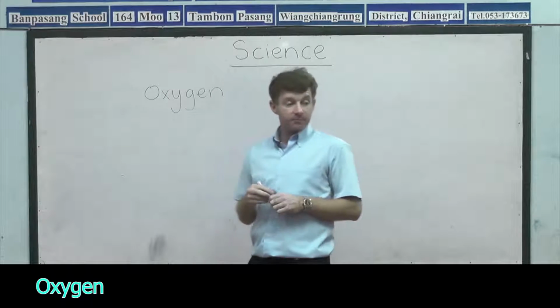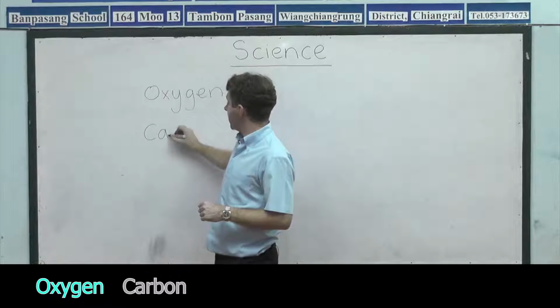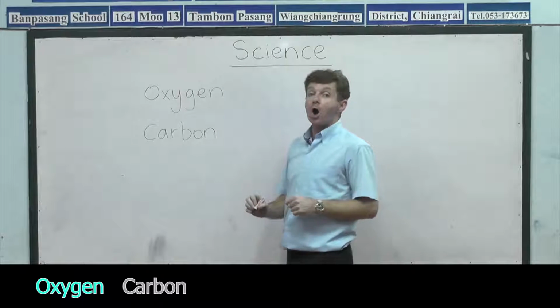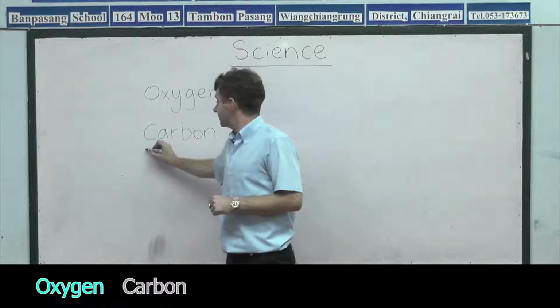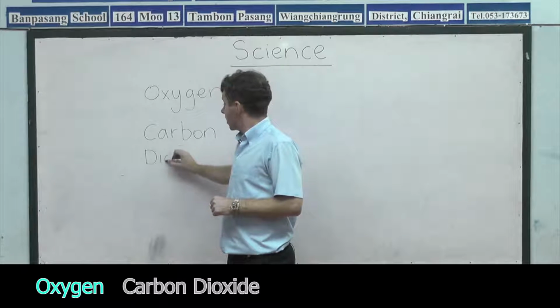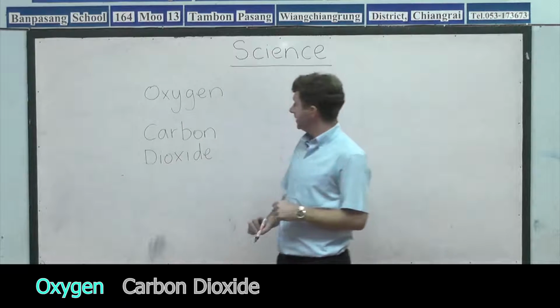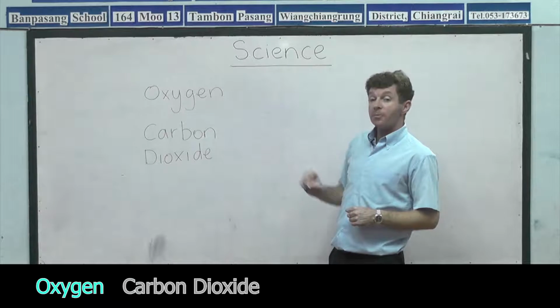Carbon dioxide. Perfect. How do we spell carbon? C-A-R-B-O-N. Carbon dioxide. Dioxide, D-I-O-X-I-D-E. Oxygen, carbon dioxide.